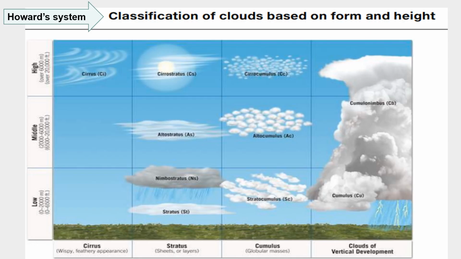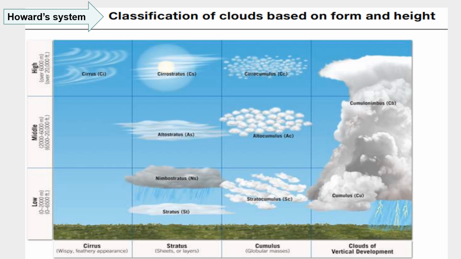So now we're gonna check the cloud classification. What you can see here is the general cloud classification that we are using at present, because in 1803, an English naturalist named Luke Howard published a cloud classification scheme, and this serves as the basis of our present-day system.